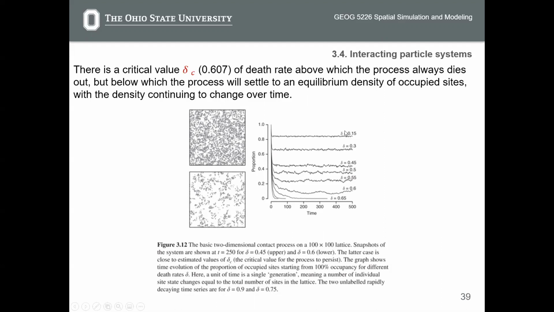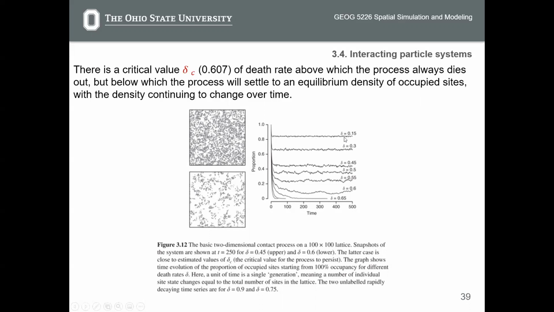If the delta value is pretty low, 0.15, it means that it's not very likely the living cells are going to die in future, but it's still possible, right? Because delta is 15%. That's why the proportion of occupied cells is very stable and always above 0.8. We can see small waves across time, but it's very stable.